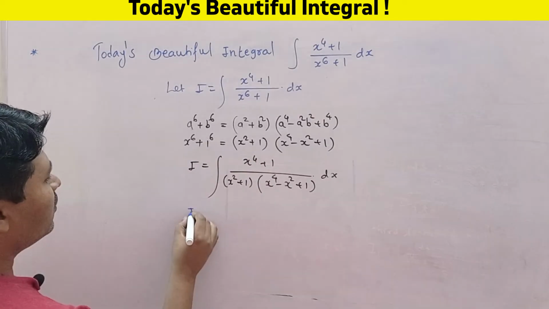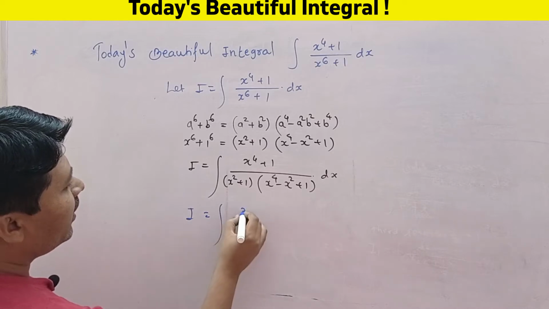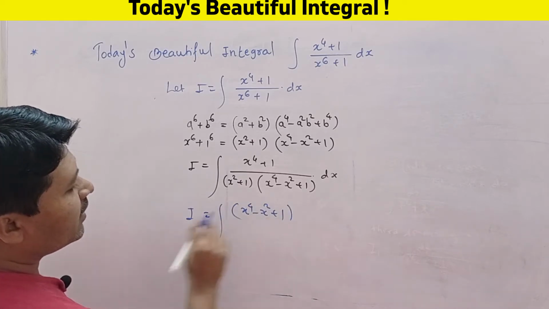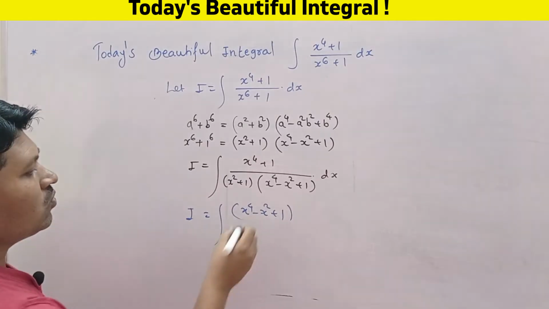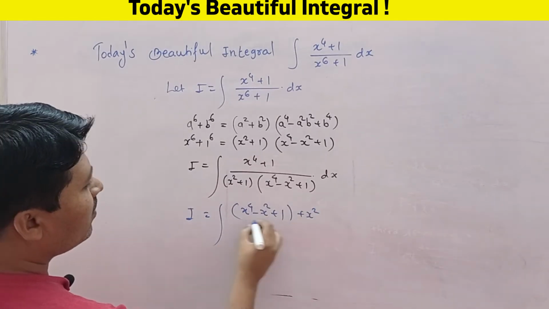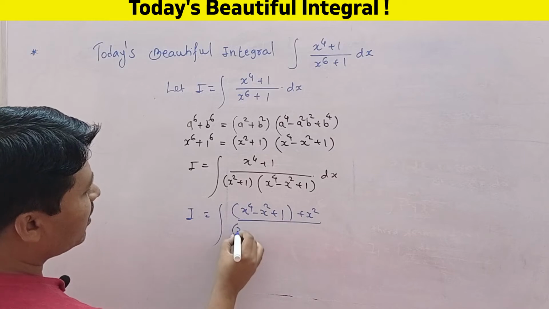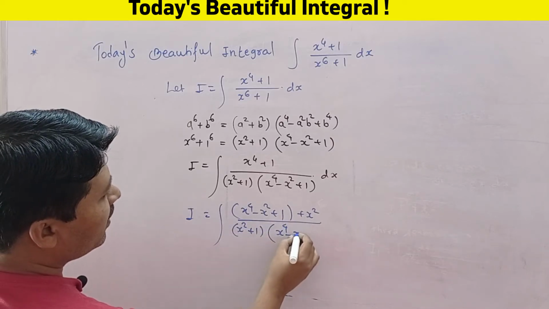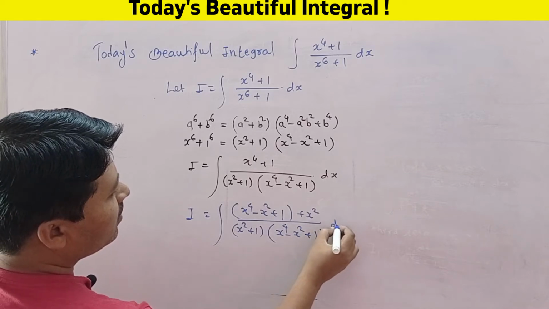We write x^4 - x^2 + 1, and there is an extra minus x^2, so we add x^2, divided by (x^2 + 1)(x^4 - x^2 + 1) dx.